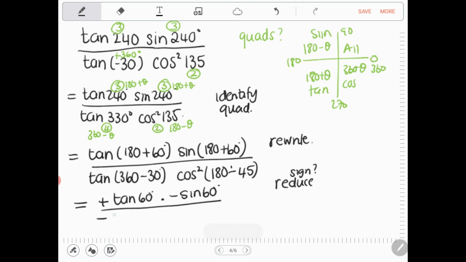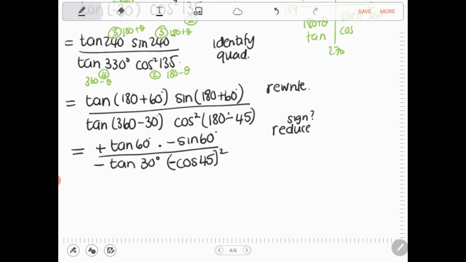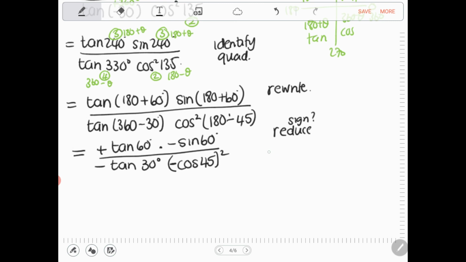Tan in the fourth is negative, and we reduce it to the acute angle. And this, remember, it's squared. Cos in the second is negative cos. Reduce it to the acute angle, and we're going to square it. Now we need our replace. And in this case, they're all special angles.